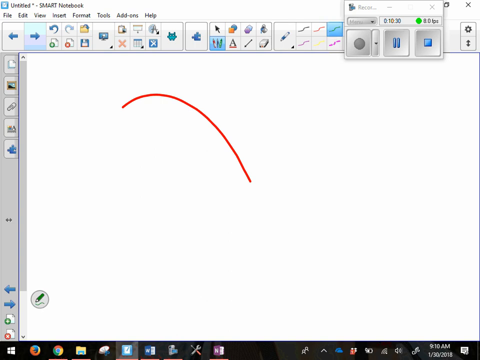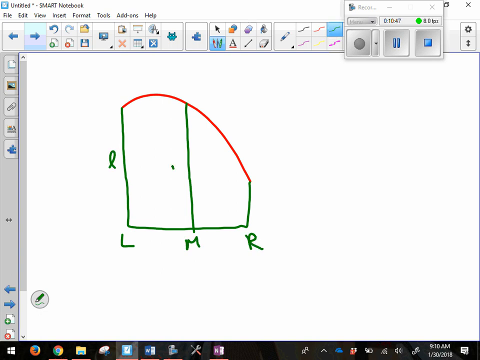Okay, and so then there's this area under the parabolic arch. And so this is left, middle, and right. This side is little l, this side is little m, this side is little r, and those are equal and they're both h.